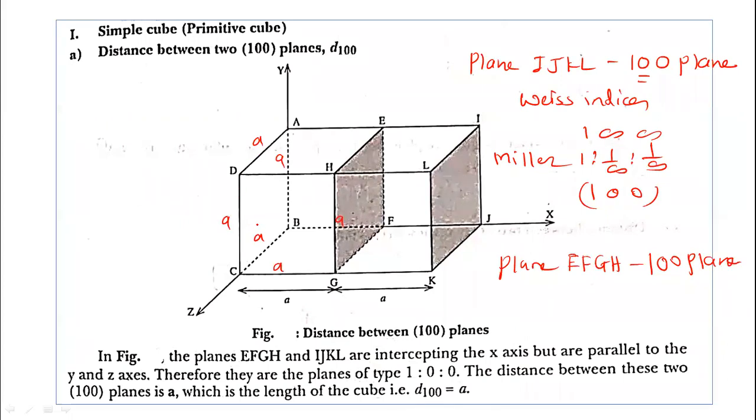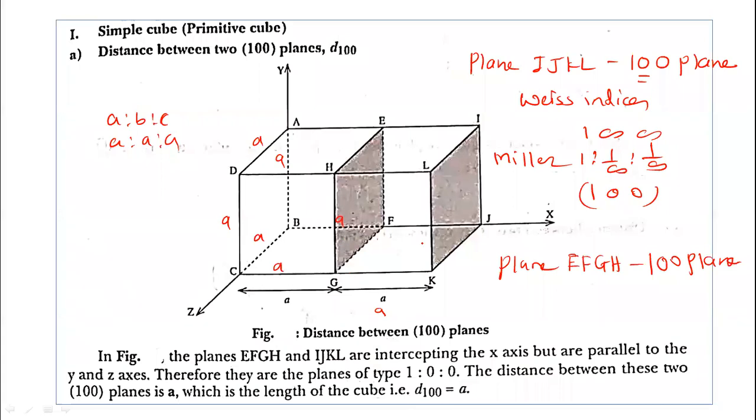So we can say that a equals b equals c. So in this case, it is a equals a equals a, same everywhere. Now you can see here another plane, IJKL. These two planes are parallel planes. So this distance GK is also a here. If CG is a, this will always be equal to a here.